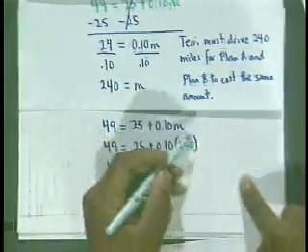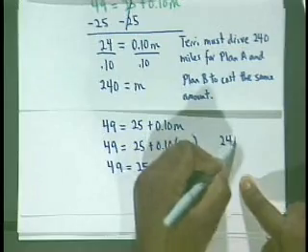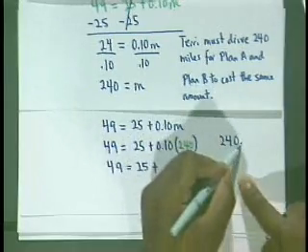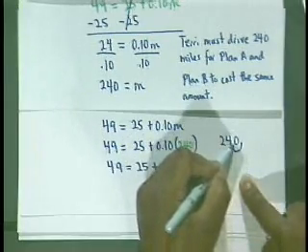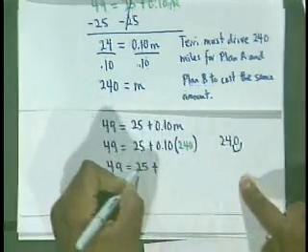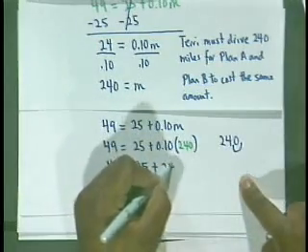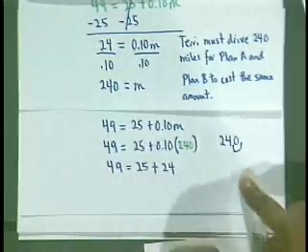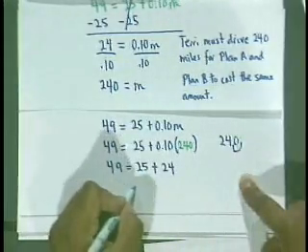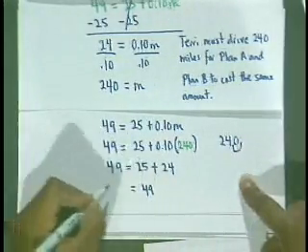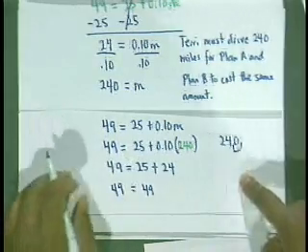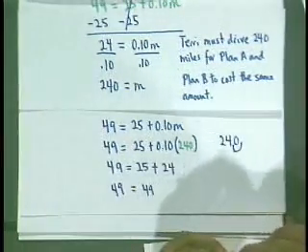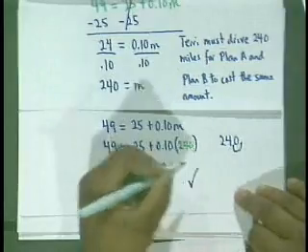A quick way of doing that is taking 240, where the decimal point is here, and moving the decimal point one place to the left. And so 25 plus 24. If we do it on our calculator, we would get the same result. 25 plus 24 gives us 49. So since both sides of the equation are equal to each other, we know that we have the correct answer. And that would be our check.